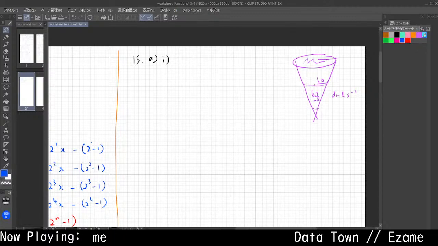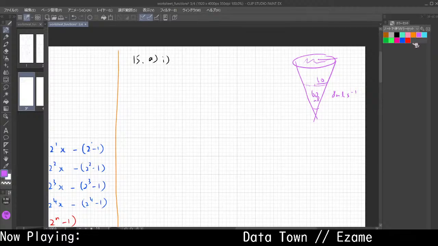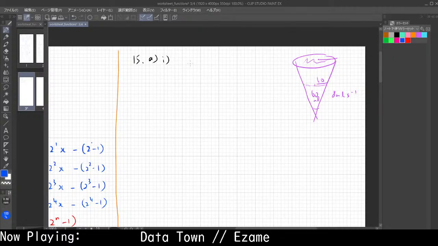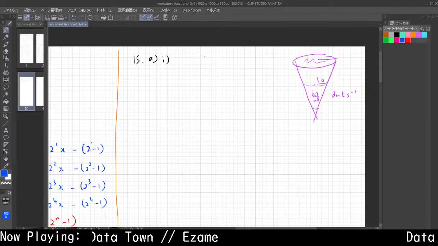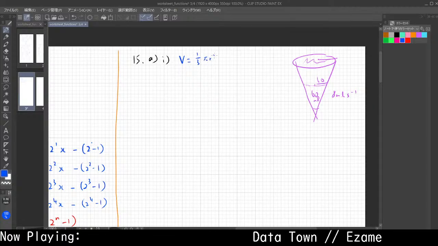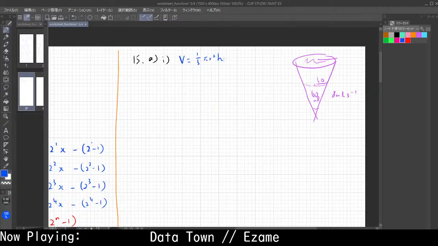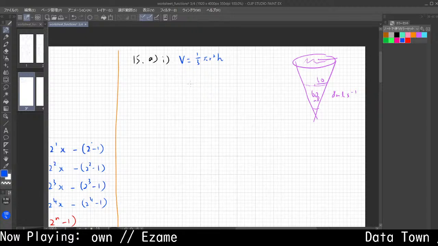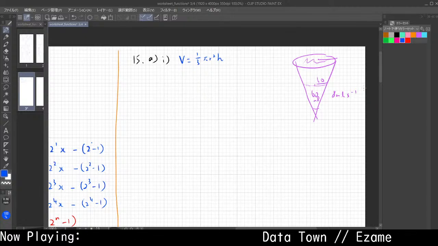Okay, so your V is 1/3 pi r squared h. Condensation rate is 8 ml per second. So, and you start with 60.